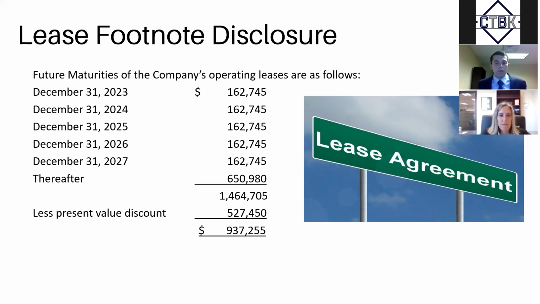So at the end of the first year of adoption, which would be December 31st, 2022, we then have 9 years remaining. So we have our future maturities for the next 5 years and 4 years thereafter, less the present value discount to arrive at the ending balance of the lease liability on the balance sheet.